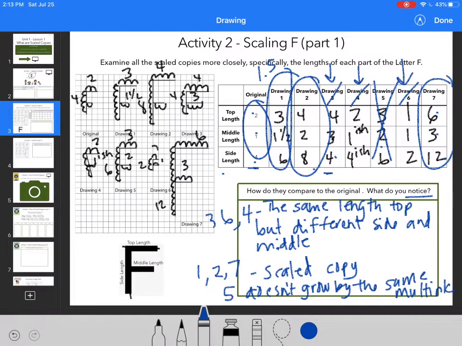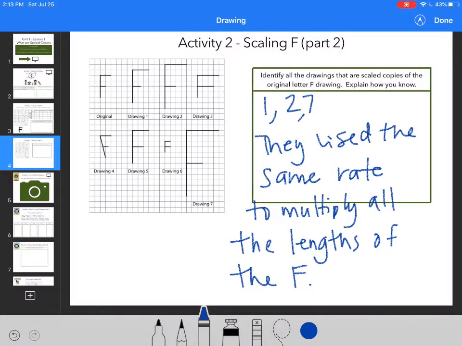For the second one, they used a rate of 2. And for the third one, they used a rate of 3. So they multiplied it by that number. They're using that multiplier or that multiple. So they were all multiplied by the same multiple.